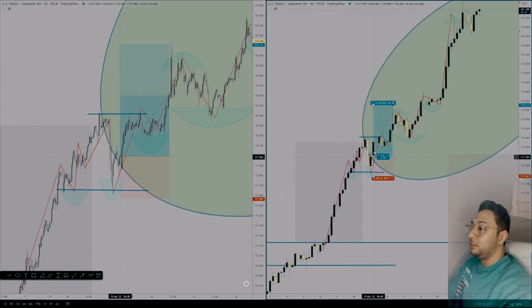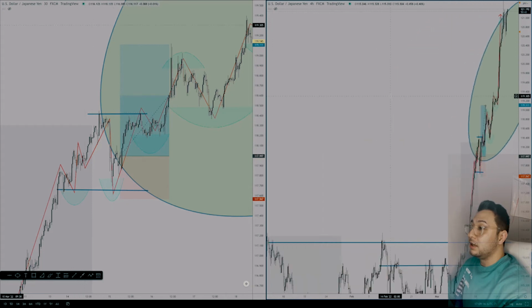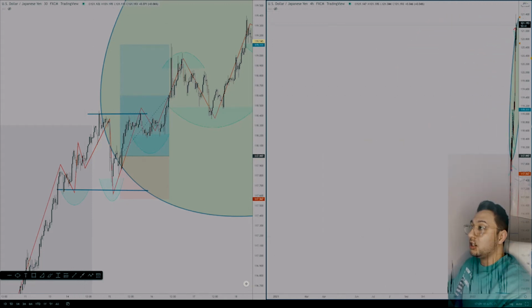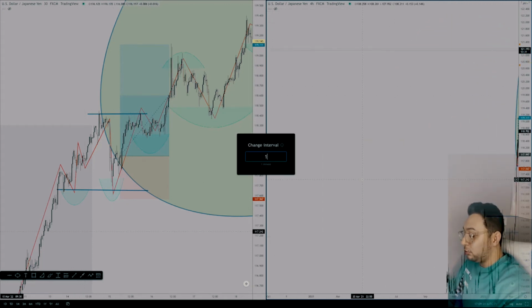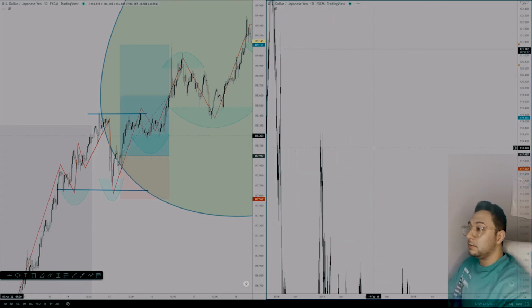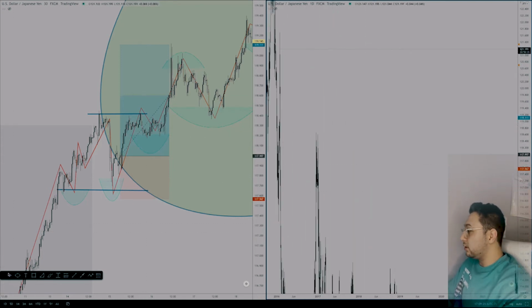On a more intraday time frame, you can see there is strong bullish momentum, it pushed up, it broke this resistance, and there is actually a higher time frame level that you could find if you really wanted to, right here.